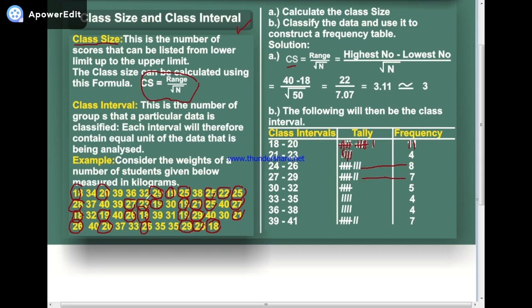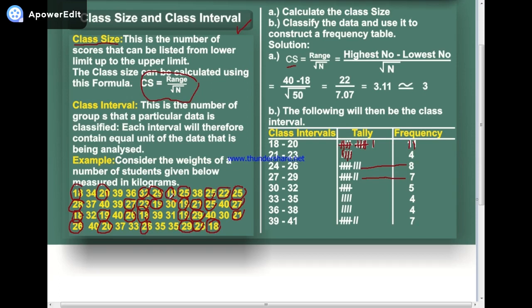30 to 32, the numbers that fall within 30 to 32. Now what are we going to do? We have 1, that is 32 is 1. What next? 30 to 32. You have to be very careful.